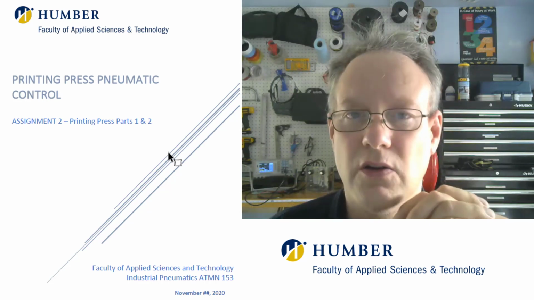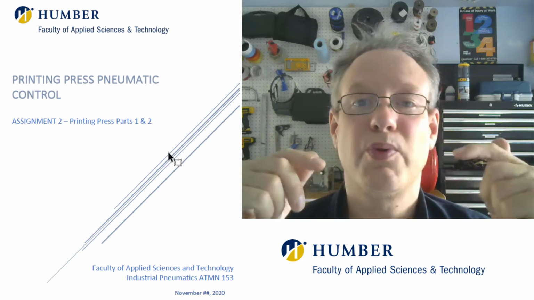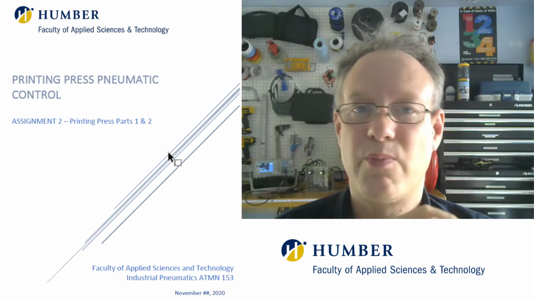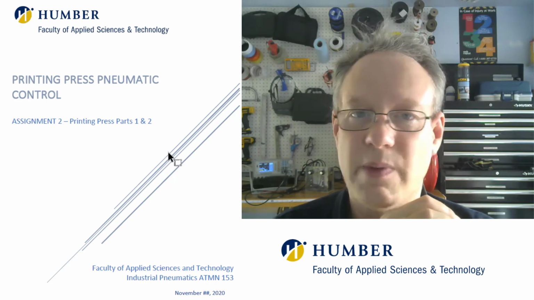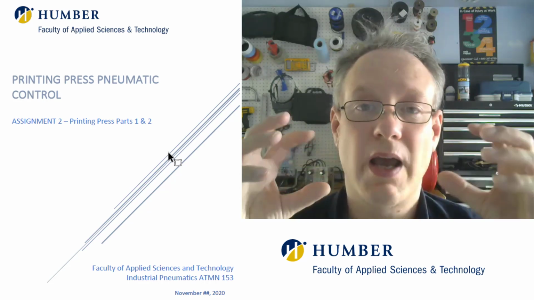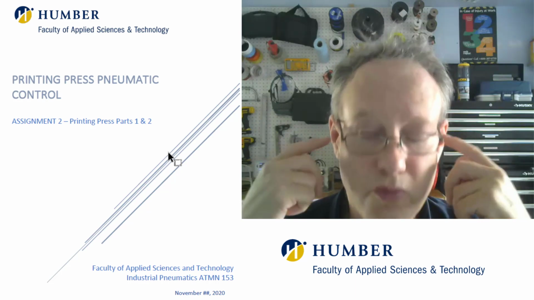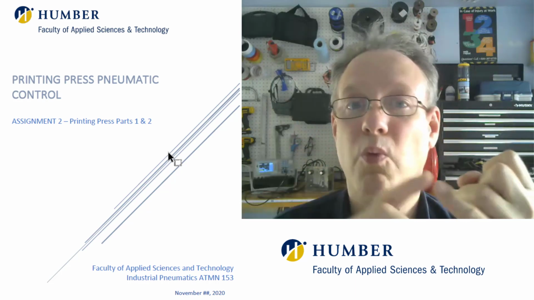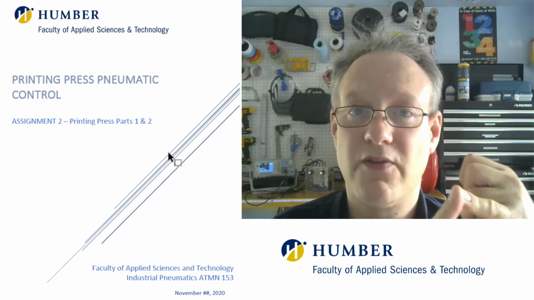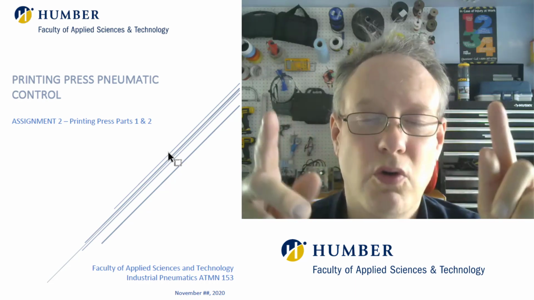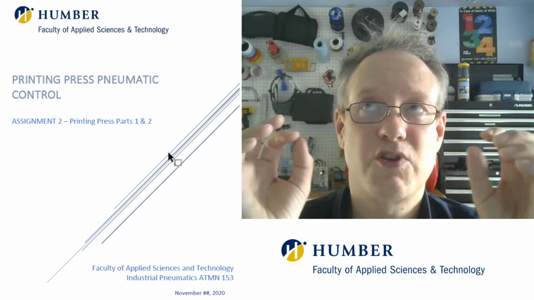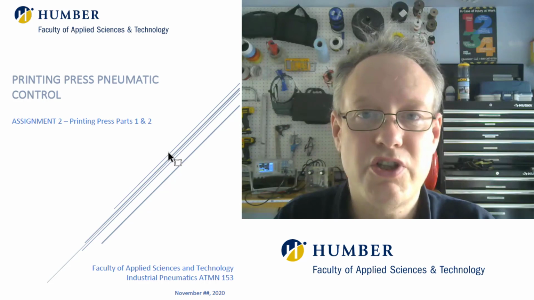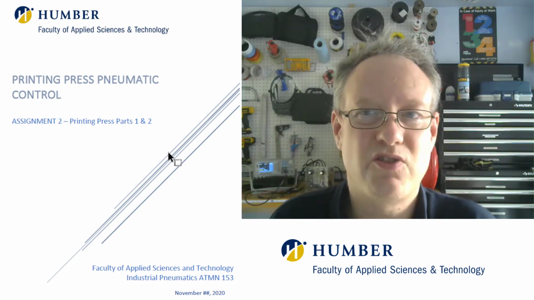What you're going to have to do for step 1 is do your preliminary design. The preliminary design does not have to be correct, but you've got to put as much effort into it as you can. You really have to think about which kind of components to select, and you've got to think about the control aspect, and you've got to write down those solutions and submit them. Rough hand drawings are fine.